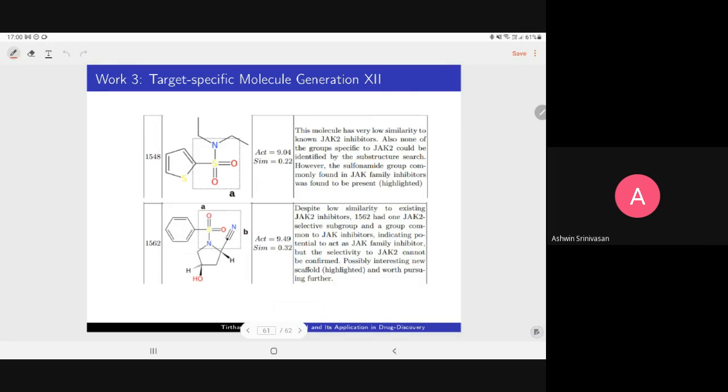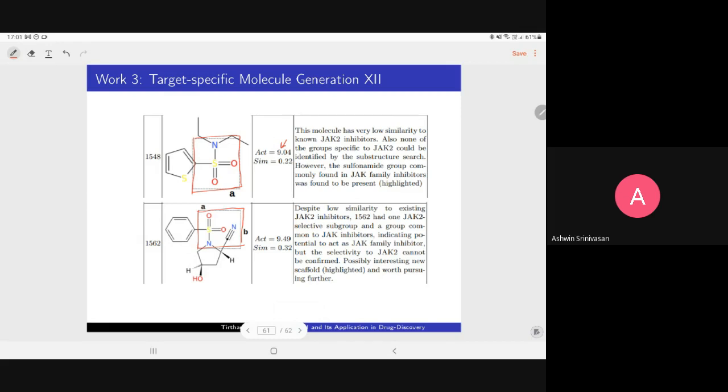These are some other molecules which have higher activity. The interesting thing is that we are able to get new scaffolds in these molecules. So these are really novel, which have not been seen earlier.